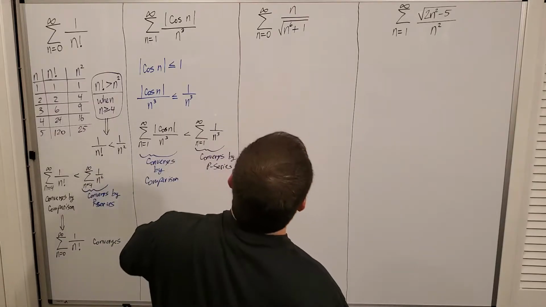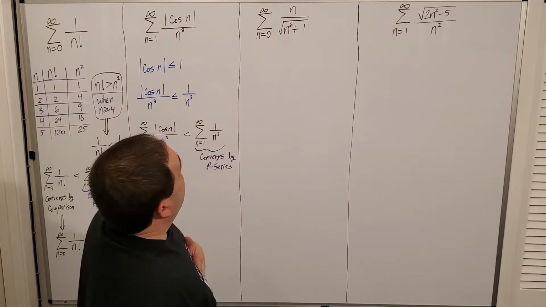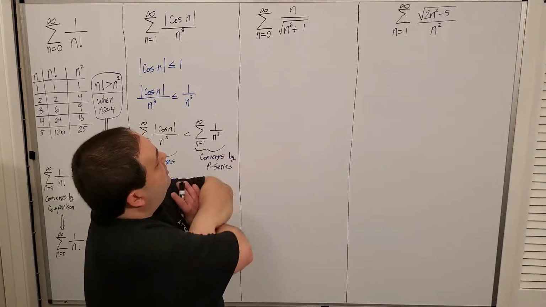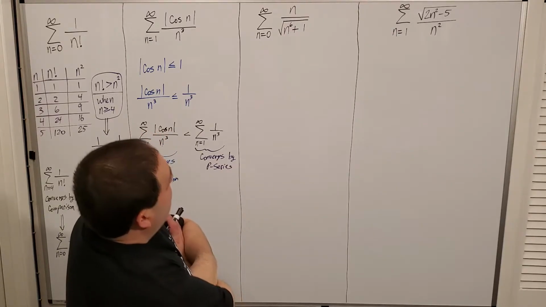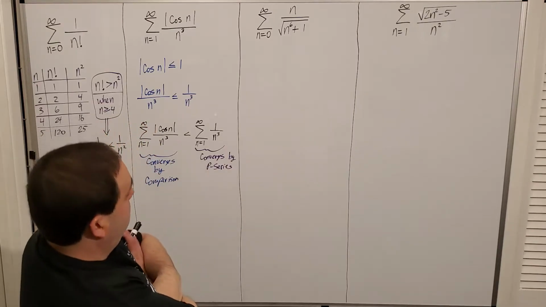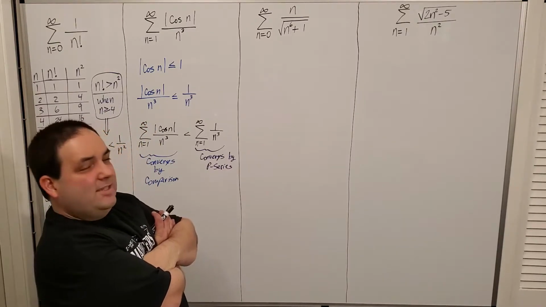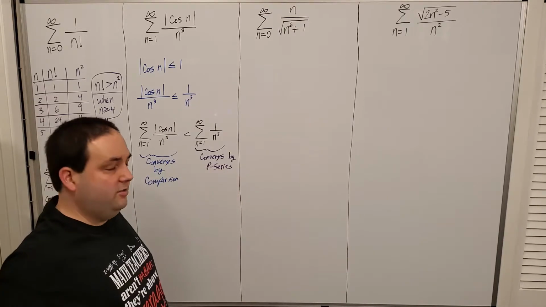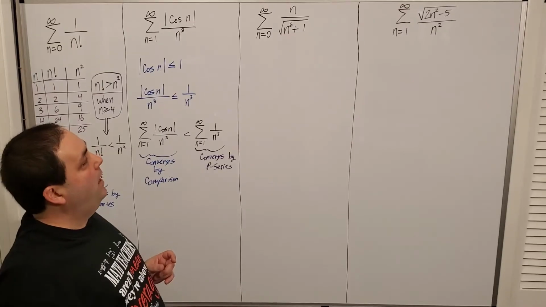Okay, next. I have the sum from n equals 0 to infinity of n over the square root of n to the 6th plus 1. So again, this doesn't seem like one of those where you just jump right into it. You may not see it right away.